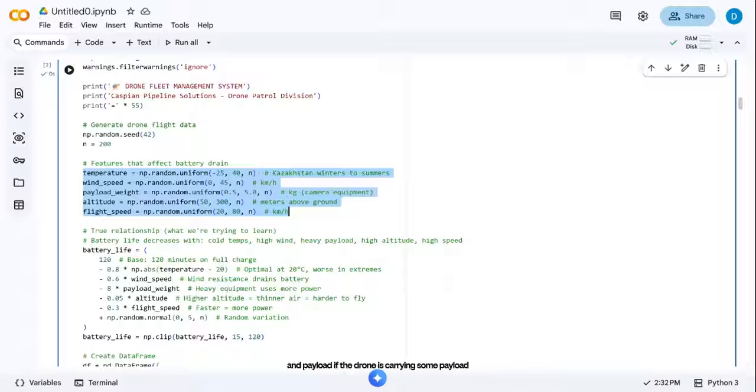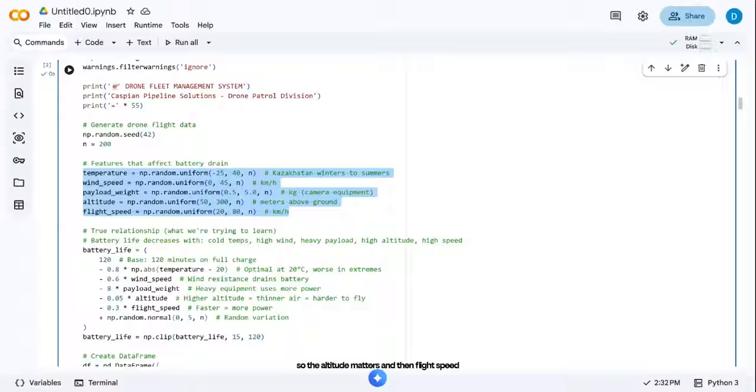Payload: if the drone is carrying a 1 kilogram object or a 10 kilogram object, it will definitely affect the flight time. Altitude: if the altitude is higher, obviously the air will be thinner and the motor will have to spin faster to compensate and remain in the air.